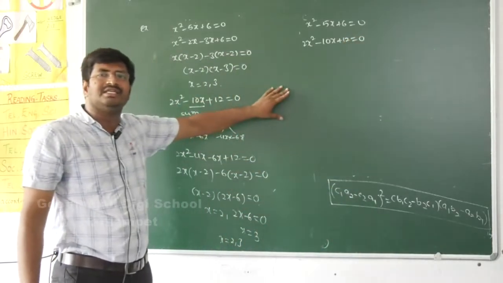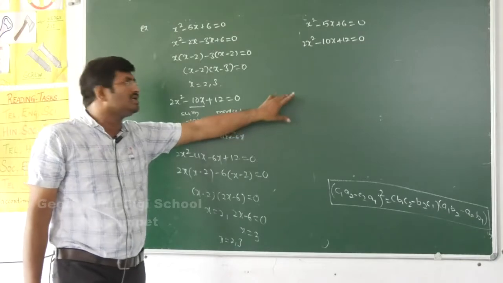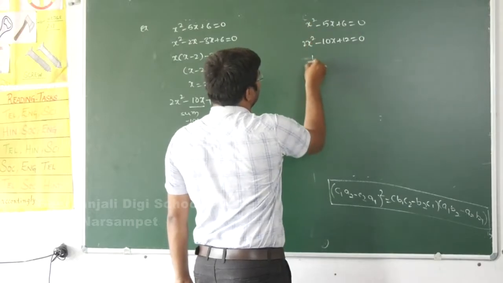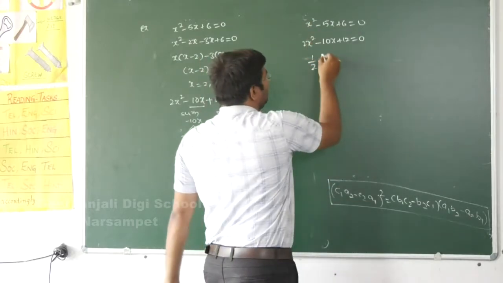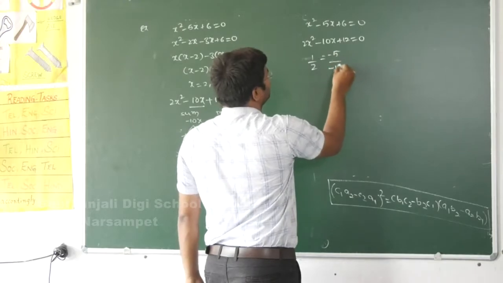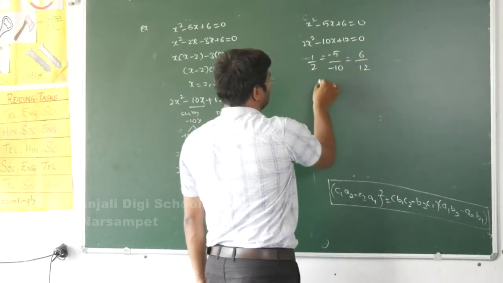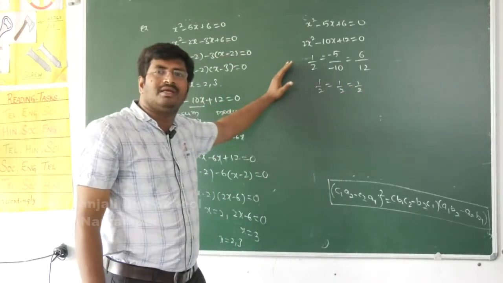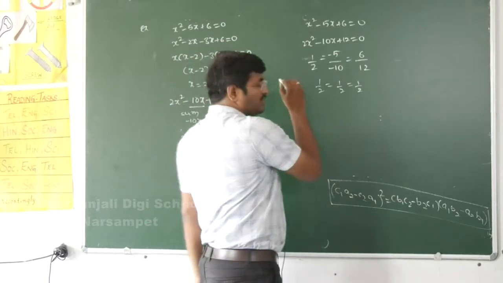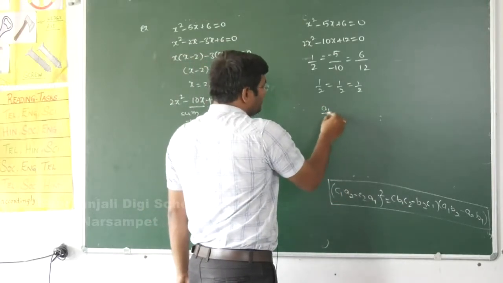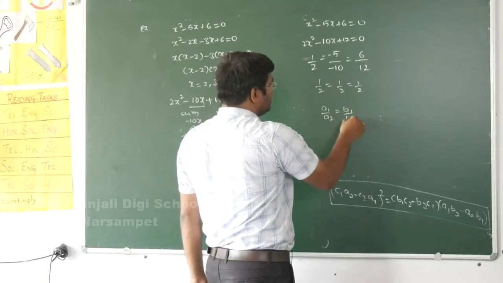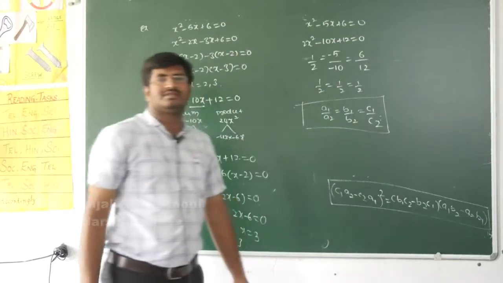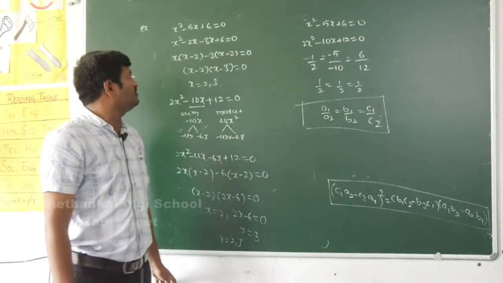If you observe these two quadratic equations, a1 by a2, that means x square coefficient by x square coefficient, is equal to x coefficient by x coefficient, is equal to constant by constant: 1 by 2 is equal to 1 by 2 is equal to 1 by 2. So when both roots are common, a1 by a2 is equal to b1 by b2 is equal to c1 by c2. The ratios of the coefficients are equal.